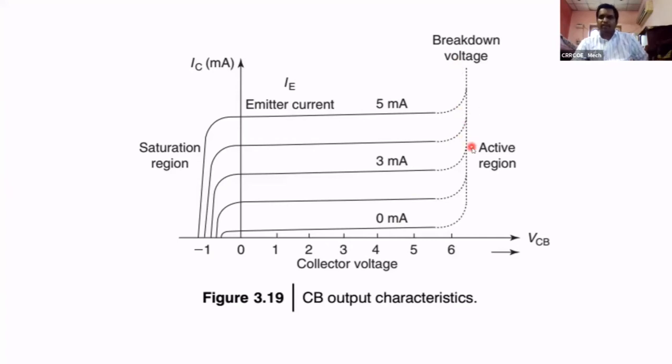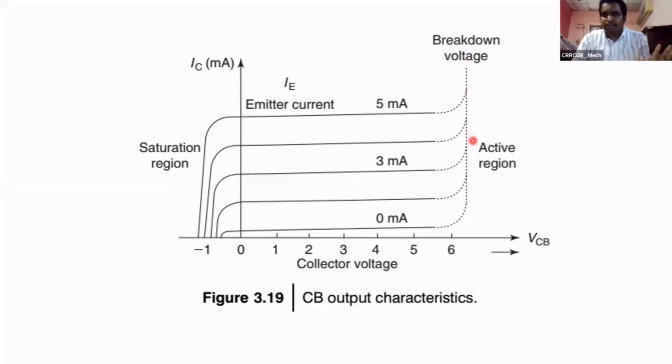In breakdown region, the current IC increases suddenly because the reverse biased voltage is beyond the voltage that gives kinetic energy to electrons. Those are knocked out: one electron, 2 electrons, 4, 8. Those increase exponentially, which causes high collector current.